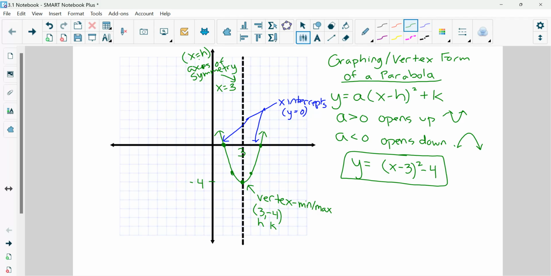And then if I were to extend my parabola to cross the y-axis, that would be our y-intercept right here, which is where x equals 0. So today, besides knowing the vertex form, we're going to talk about how we can graph exact parabolas using the vertex form pretty easily.